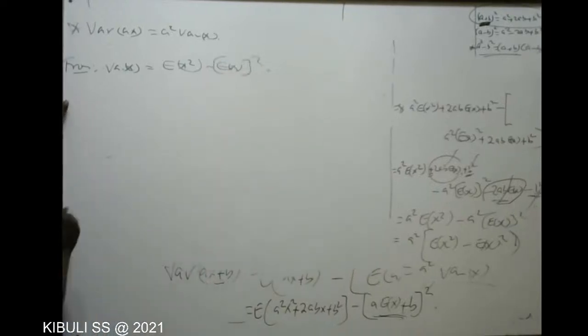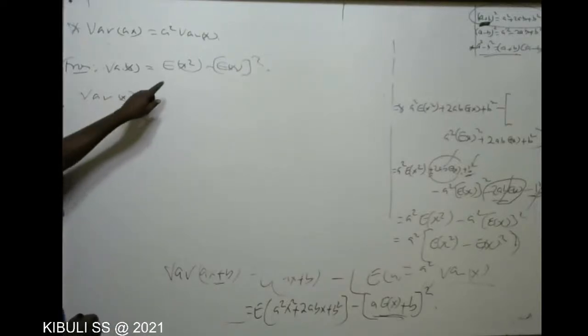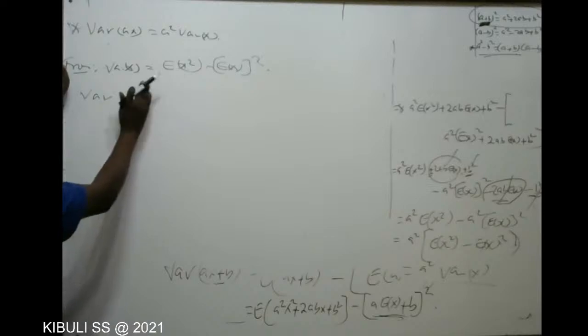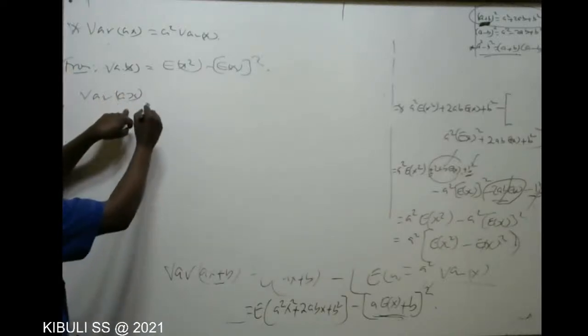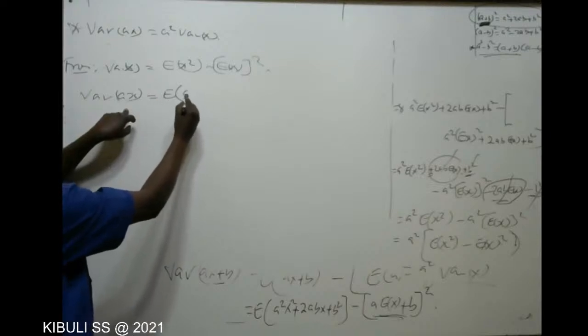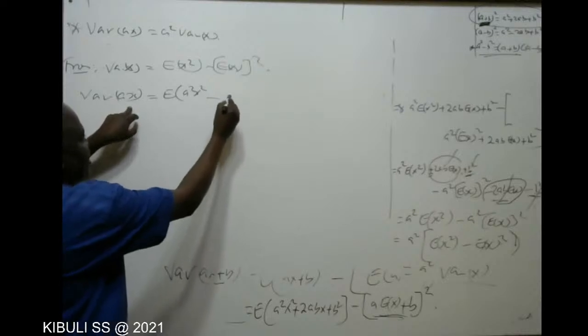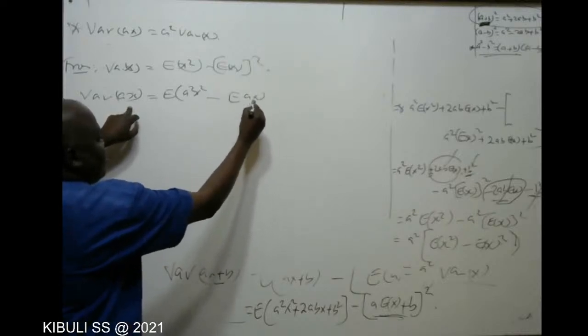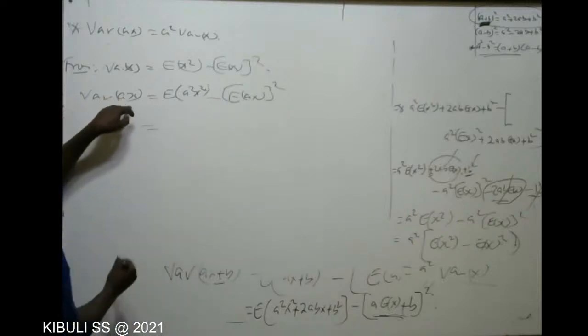I will now say my variance of ax shall be equal to expectation of a squared, x squared, minus expectation of ax. This one is supposed to be what? Squared.